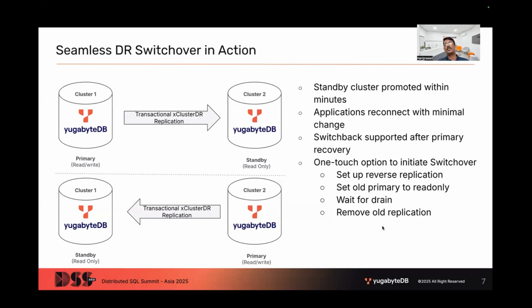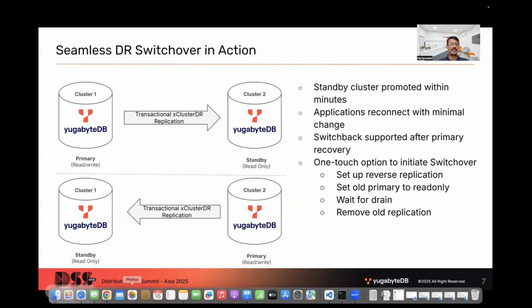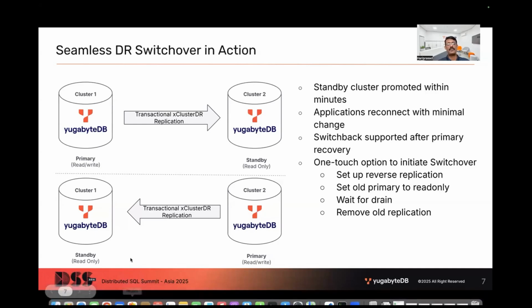Then we wait for the transactions to be completely drained from your primary to your standby side. This is to ensure that there is no data loss associated with this switchover activity. Once the data is completely drained out, the old replication is removed, post which your application can connect to your new primary, and then the primary starts serving your reads and writes. Let's have a small demo on this, post which we'll move towards the unplanned failure part.